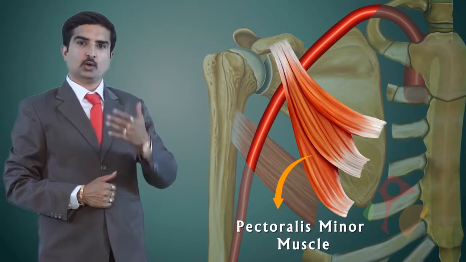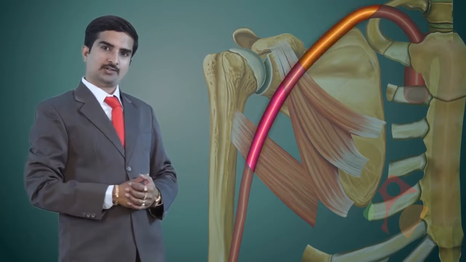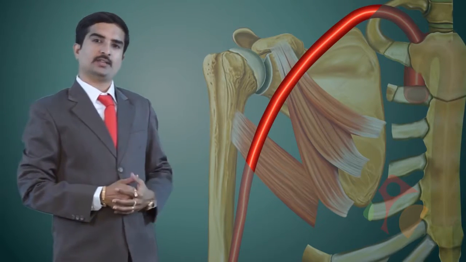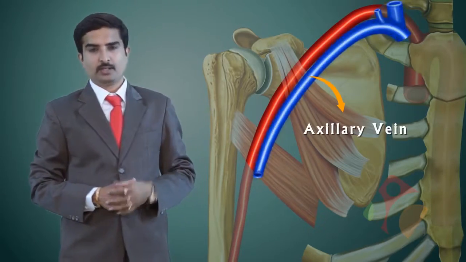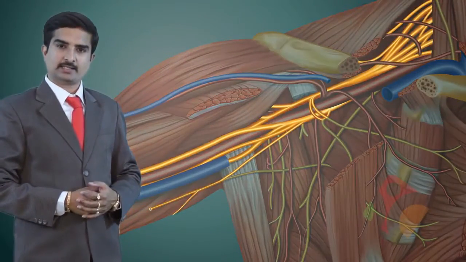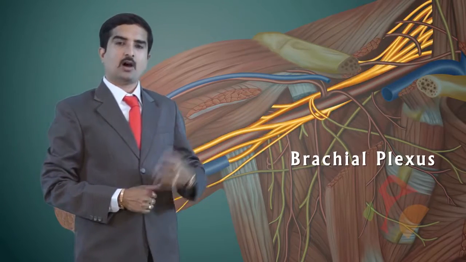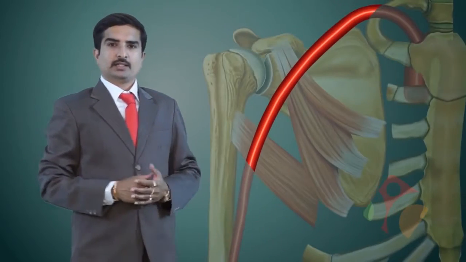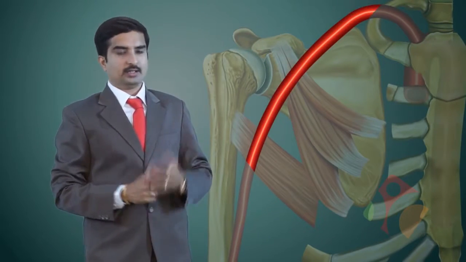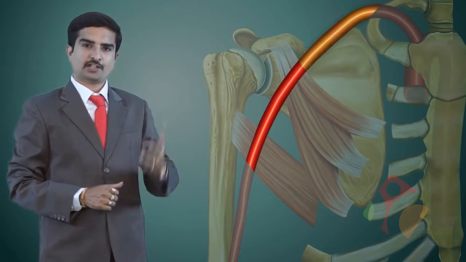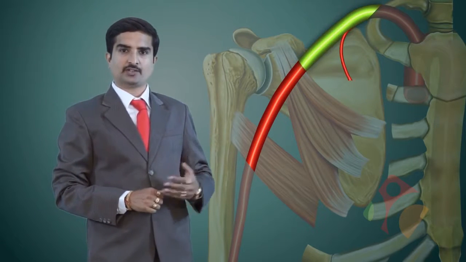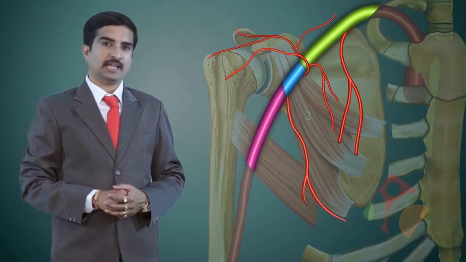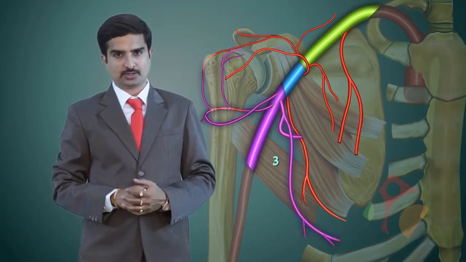If you see the overall relations of the axillary artery in the axilla, medially it is related to the axillary vein, but the course of the brachial plexus and the branches of the brachial plexus are different in each part of the axillary artery. Each part of the axillary artery gives off different branches. The first part gives off one branch, the second part gives off two branches, and the third part gives off three branches.